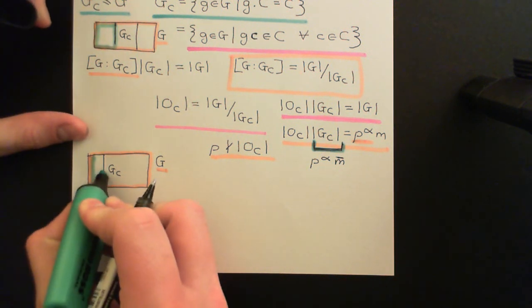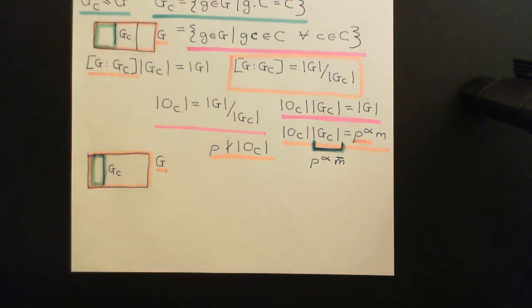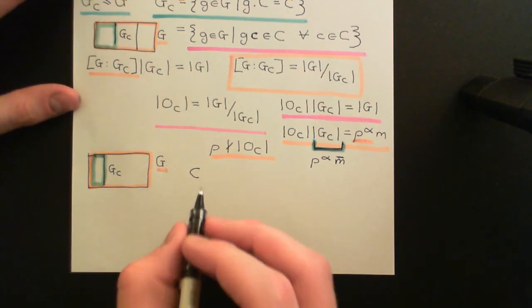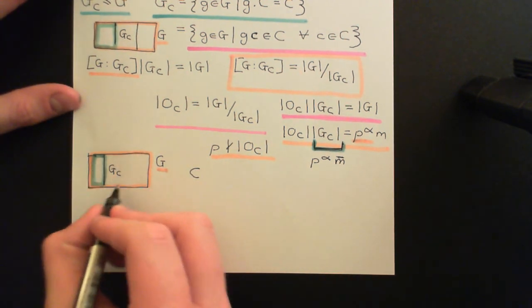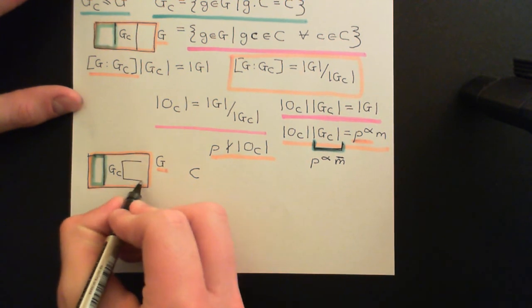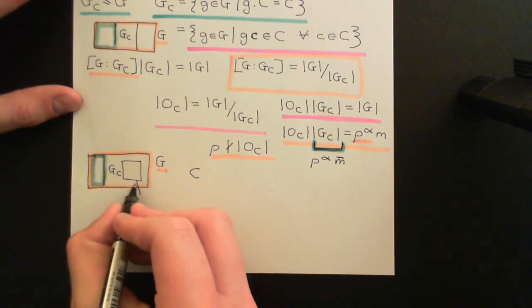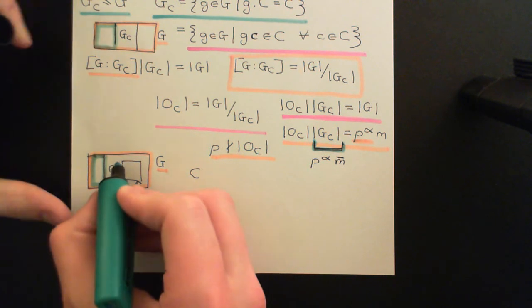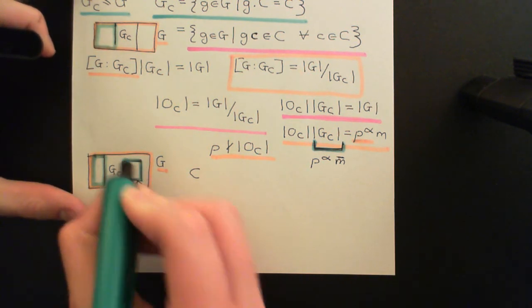Now remember this thing, C. What actually was that? That was a subset of my group capital G, so let's stick that on. It wasn't necessarily a subgroup, but it was a subset. Here is this subset capital C, and it was a special subset.